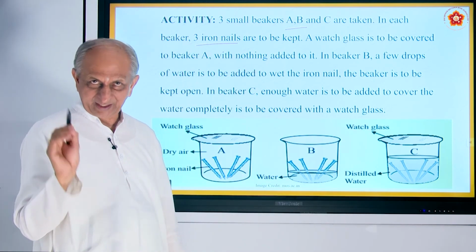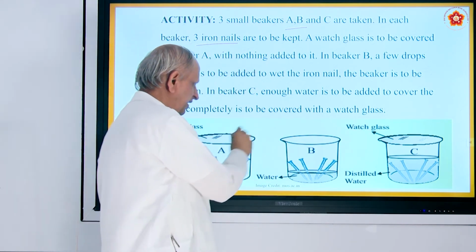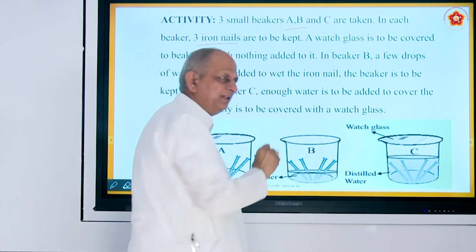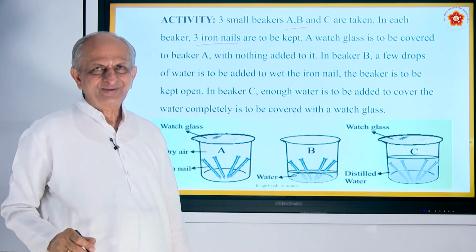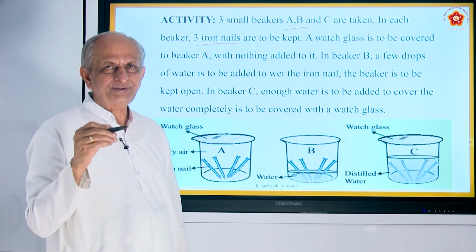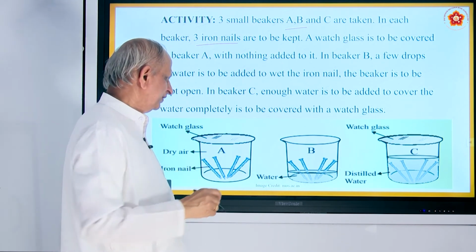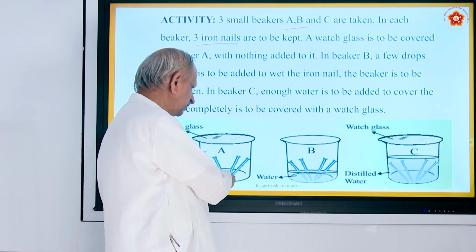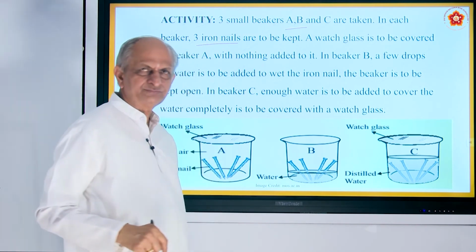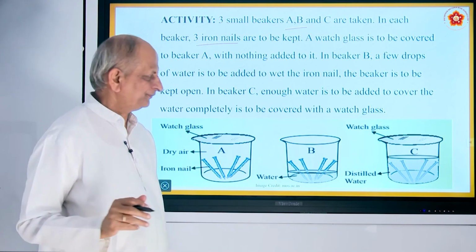Look at the figure once again. The first, A and C, are covered with a watch glass. Why should it be covered? To cut off the presence of oxygen. Here there is neither oxygen nor water, so it is not rusted.